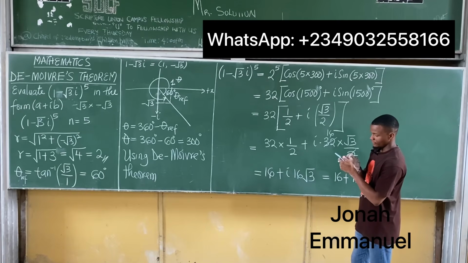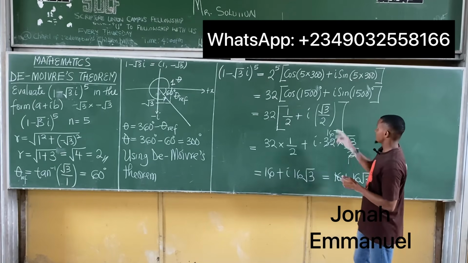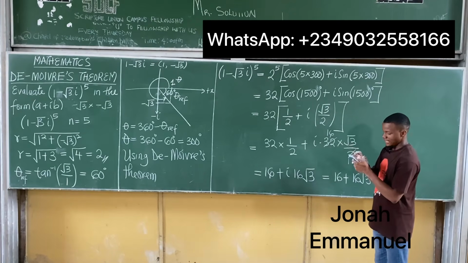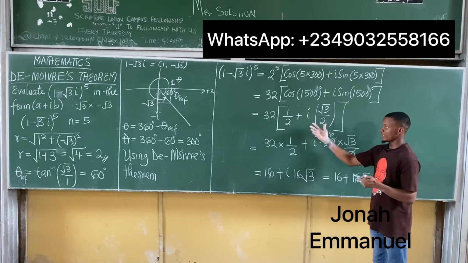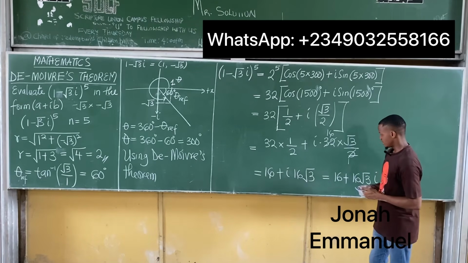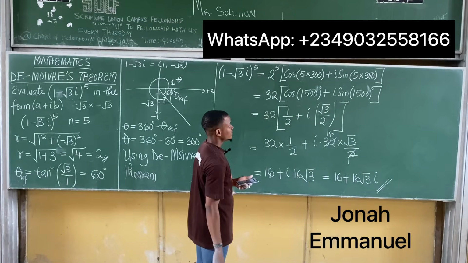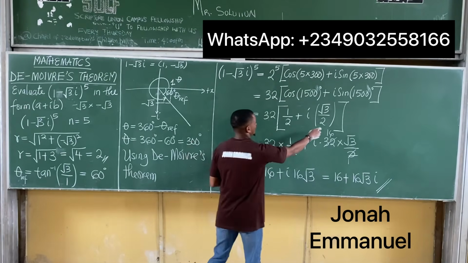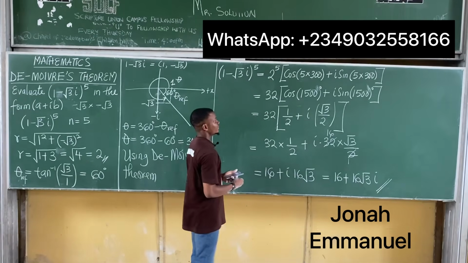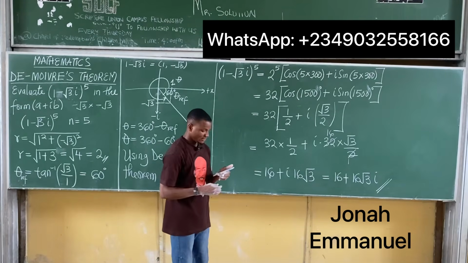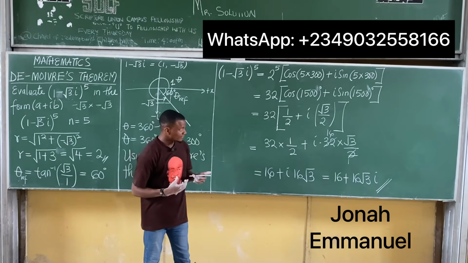Sine 1,500 gives you positive of this, while sine 300 gives you negative of this. So that's why it's very important you get this concept.